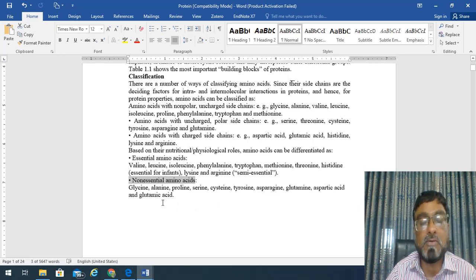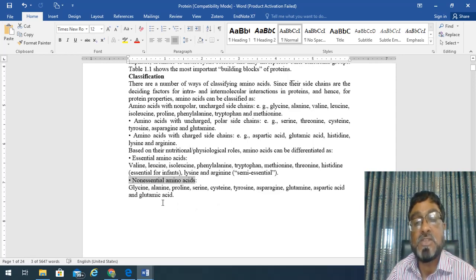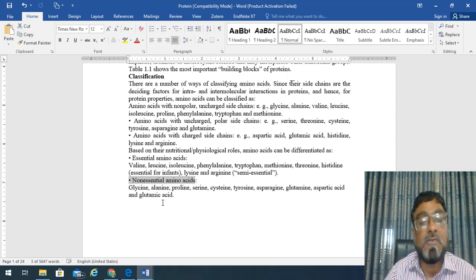We will be looking at the chemical structures of all of these amino acids. Another classification, normally used by food chemists, is based on charged and uncharged side chains and polarity.